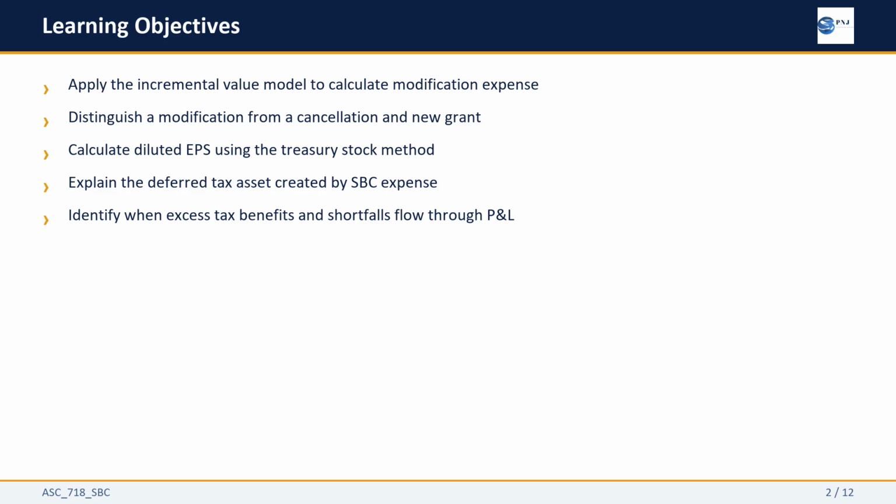You will understand how book SBC expense creates a deferred tax asset, and how that asset resolves when awards vest or are exercised. And you will know when excess tax benefits and shortfalls flow entirely through income tax expense under ASU 2016-09.